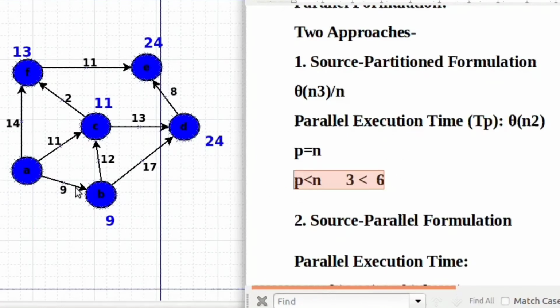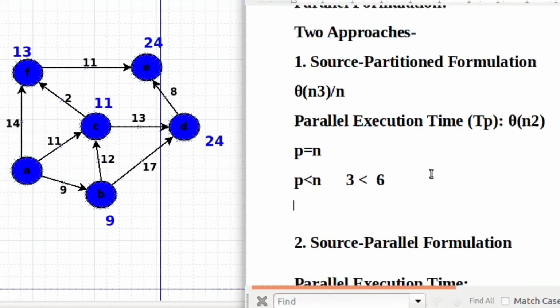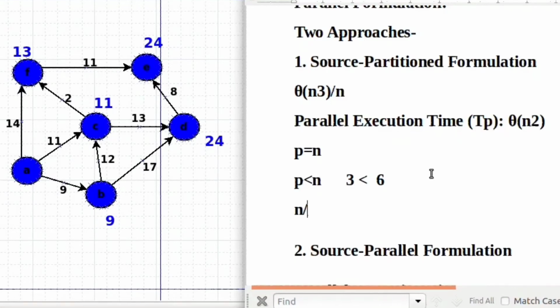One process will work on 2 vertices, another process will work on 2 other vertices, and the third process on the remaining ones. So when p is less than n, each process will work on n by p vertices, and it will apply Dijkstra's algorithm on those n by p vertices.